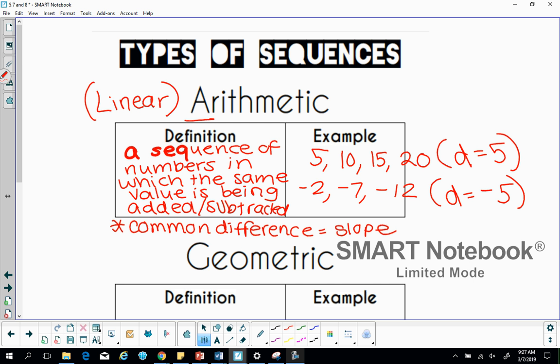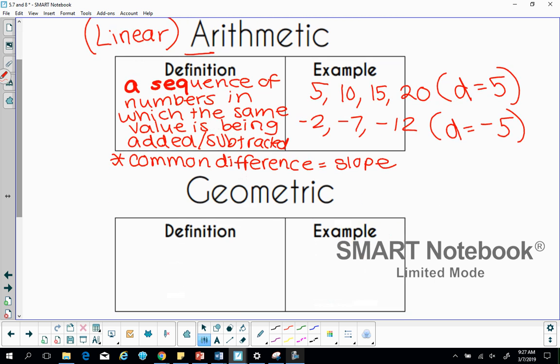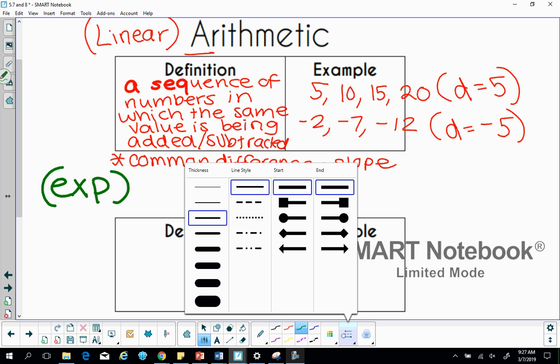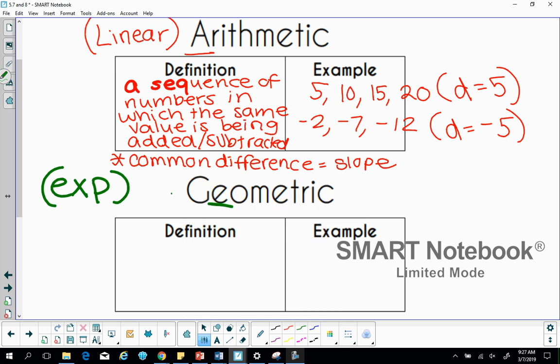Now geometric is exponential. I remember that because it has a G. Geometric is another way of writing exponential functions. It's the same definition, but now we're multiplying. It's a sequence of numbers in which the same value is being multiplied.